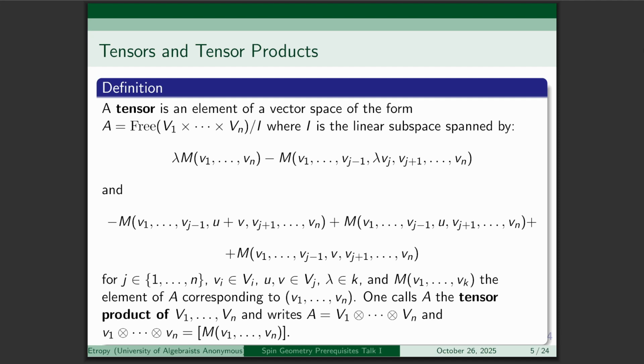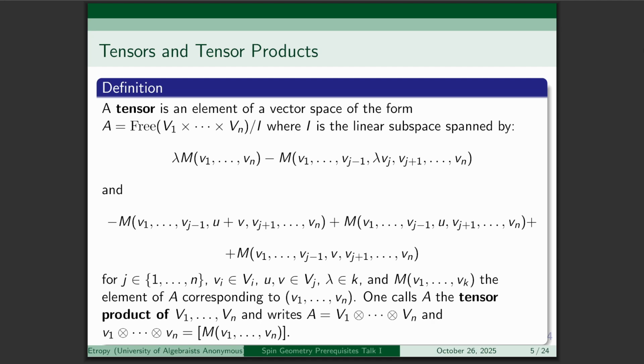Those two vectors would be linearly independent as elements of the freely constructed vector space, because we're just putting them there as formal expressions. We're not imposing the vector space structures they arise from on the free construction. We're just viewing them as elements of a set.